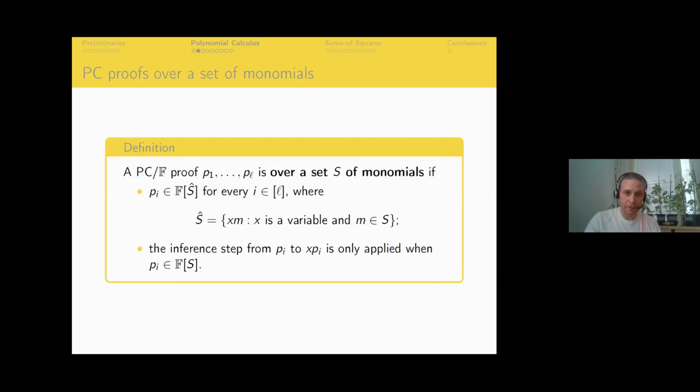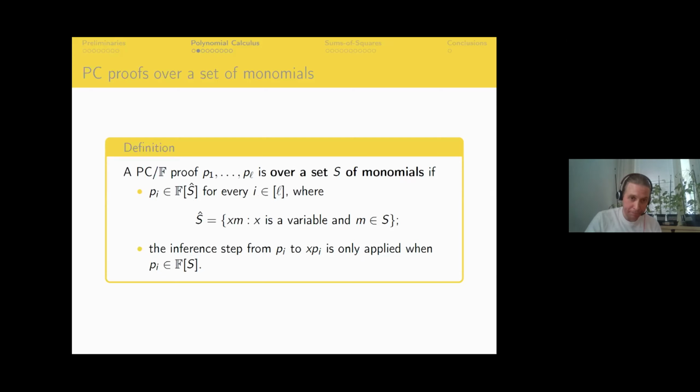So we say that a polynomial calculus proof is over a set S of monomials if any polynomial in the proof is a polynomial using only monomials from S hat, which is all the monomials in S lifted by some variables. Actually, I should have the union with S here, so S hat should contain S also.